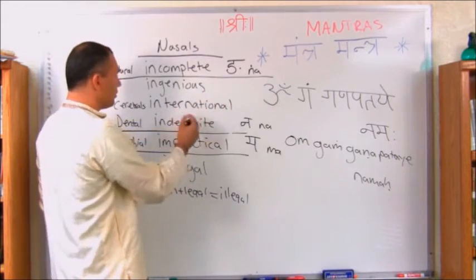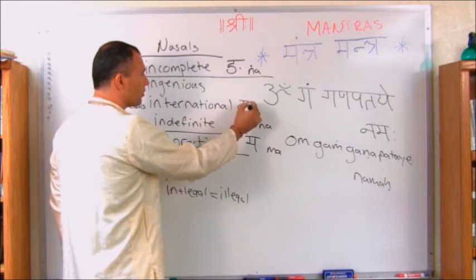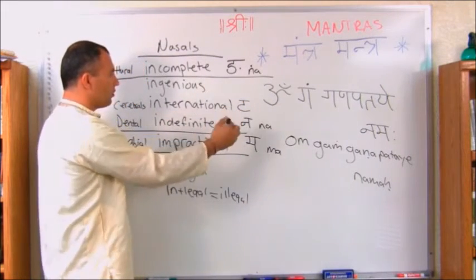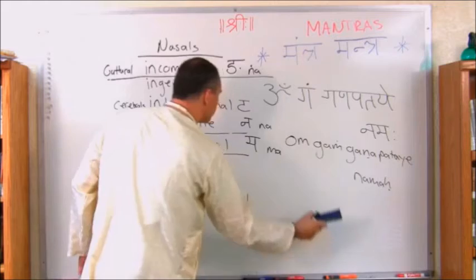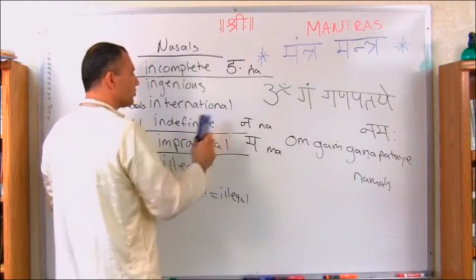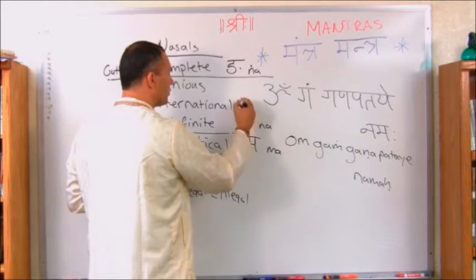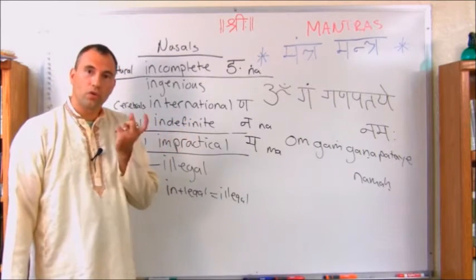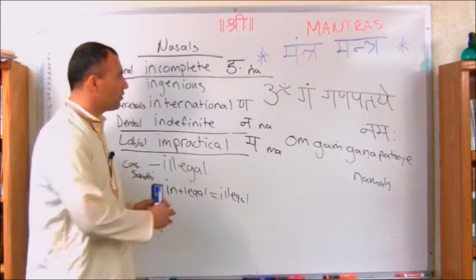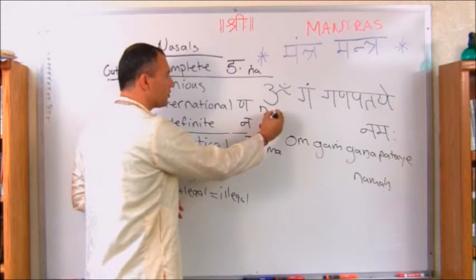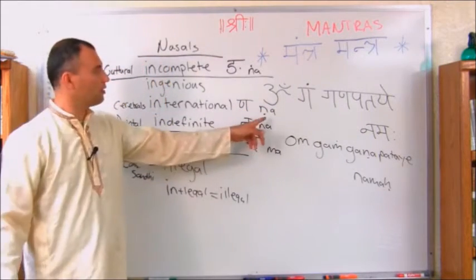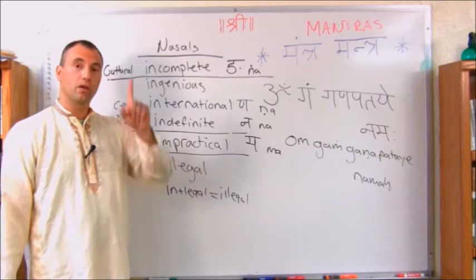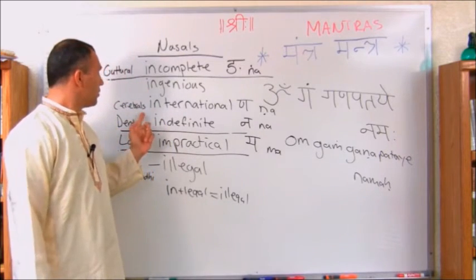Okay? So nga, here is the, sorry, that's the letter T. So the cerebral N is this one. We curl up the tongue and point at the third eye. So there is the dot, right? The dot under the N means curl up your tongue, point it at your third eye.